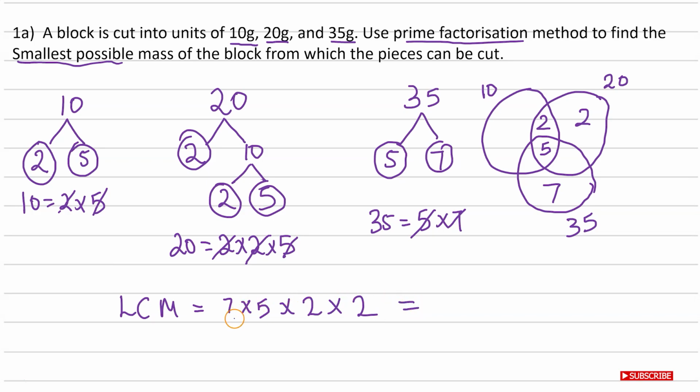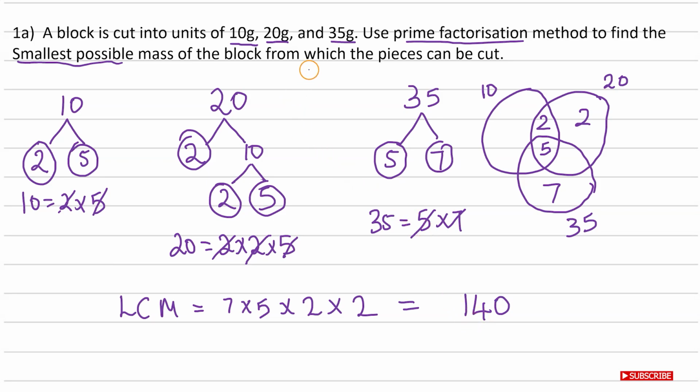I do the 2s last because once you've done 7 times 5, you just keep doubling. So 7 times 5 is 35. Double of 35 is 70. Double of 70 is 140. So the lowest common multiple is 140.